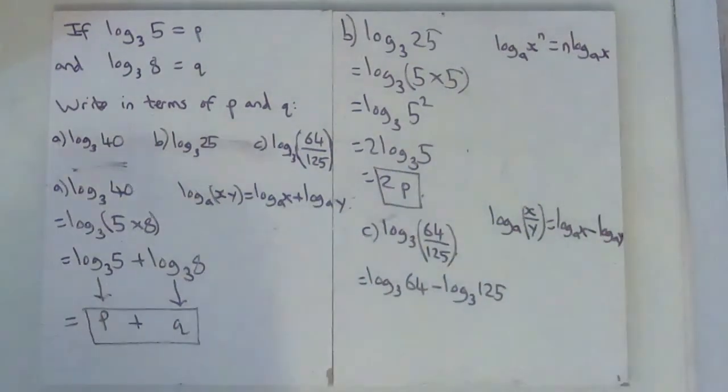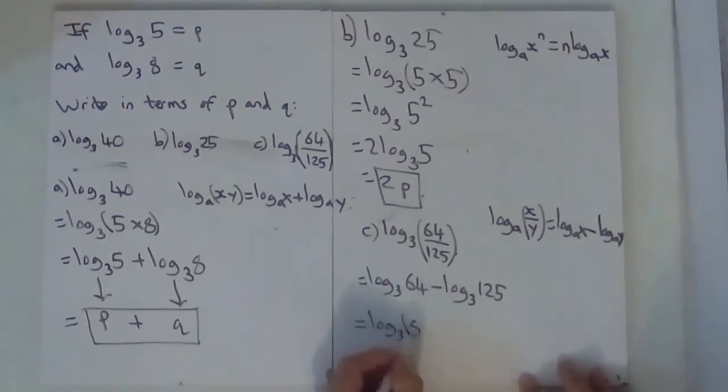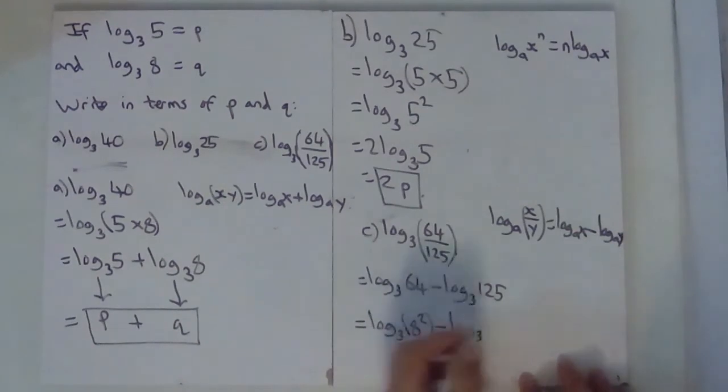Now, how are we going to turn these into 5s and 8s? Well, hopefully you notice that 64 is a power of 8 and 125 is a power of 5. So it's very, very useful to know your cube numbers or your square numbers. So this is log base 3 of, well, 64 is 8 squared, minus log base 3 of, this is 5 cubed.